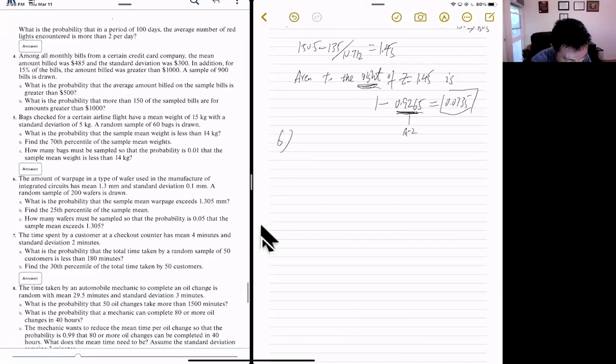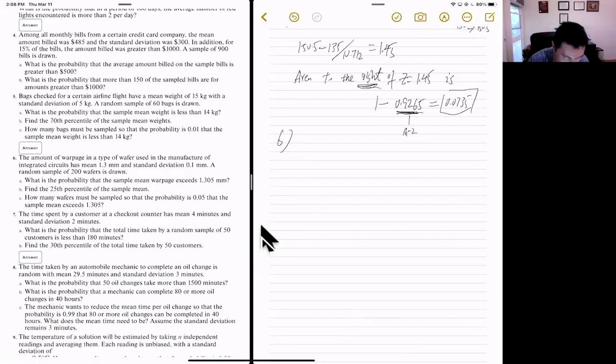The amount of warpage in a type of wafer used in the manufacturing of integrated circuits. Okay, so I don't even know what that really means. Here, the mean value is 1.3, standard deviation 0.1. We have a random sample of 200 wafers drawn.